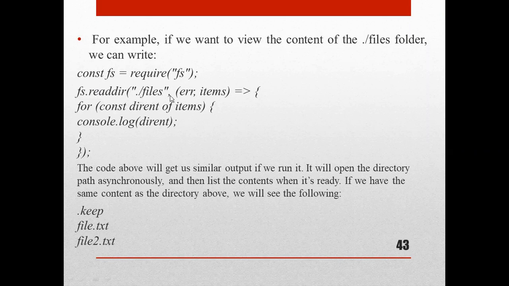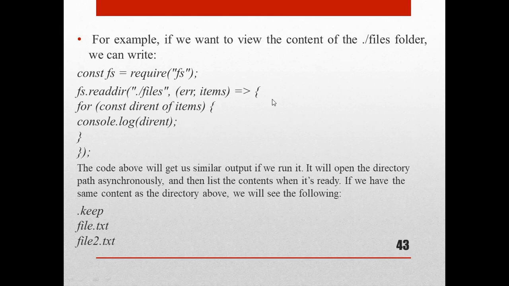Then comma, the second argument is inside the bracket err comma items. Okay, this is the callback. We are going to open the directory and read that directory, and we are going to return the items of that directory.